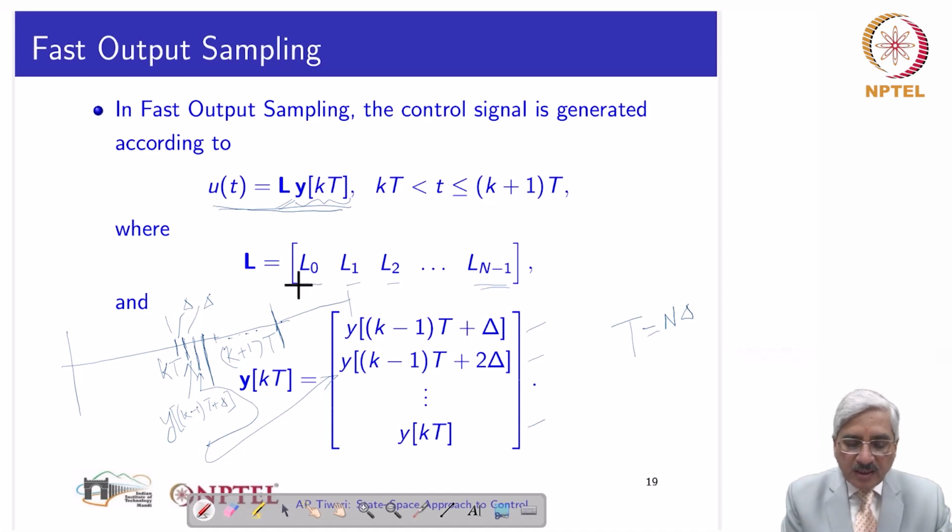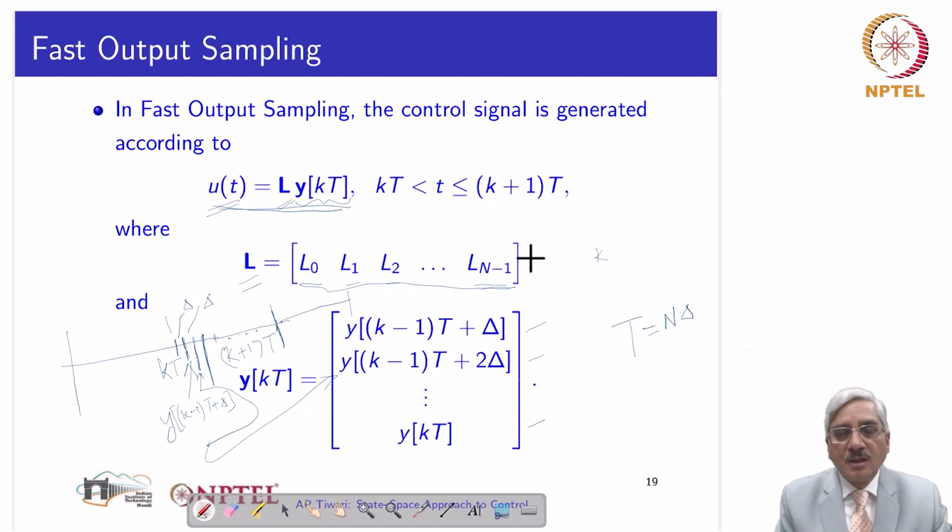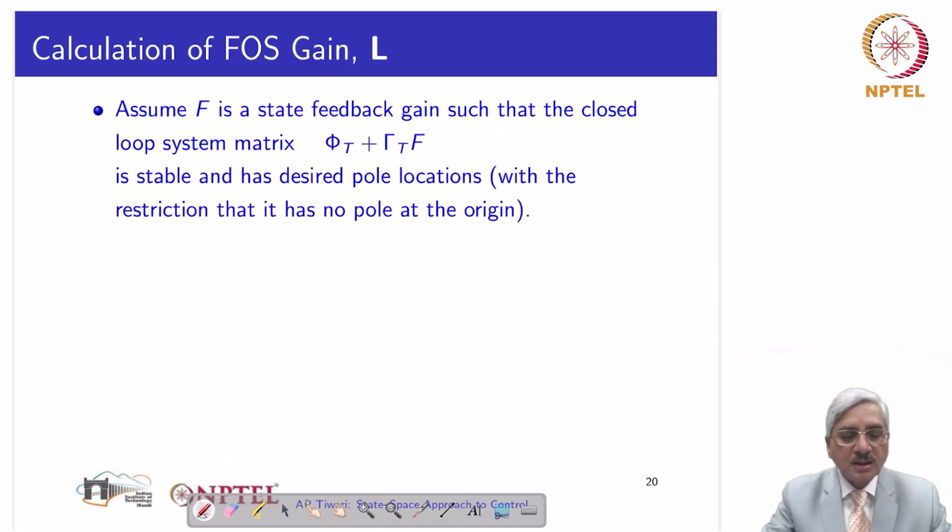These are multiplied by this gain matrix boldface L, and we get the control signal to be applied at (k plus 1)T or kT. So this is how the control signal is generated in case of the fast output sampling feedback controller.